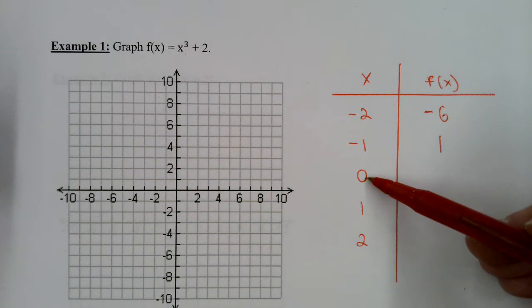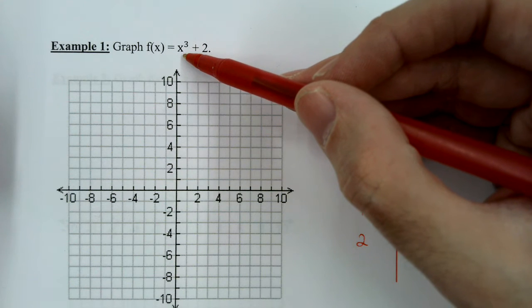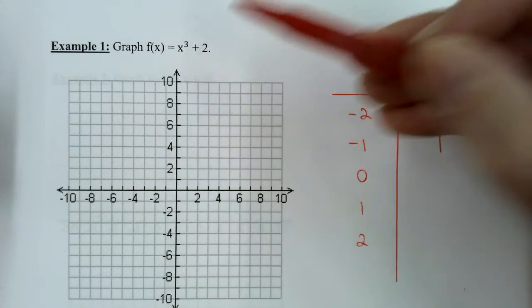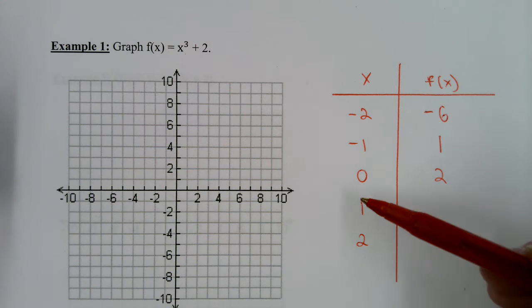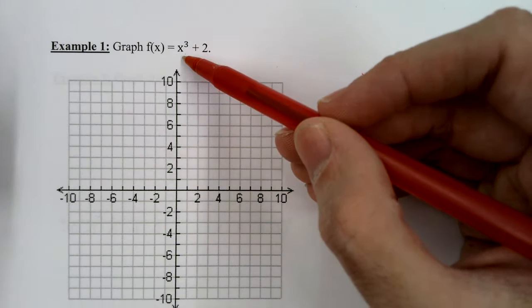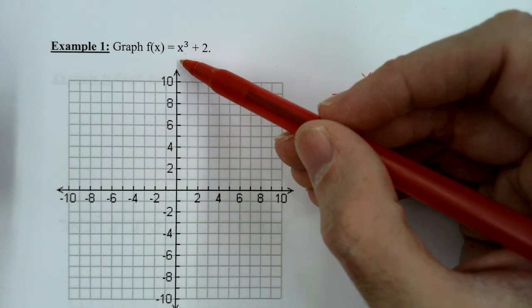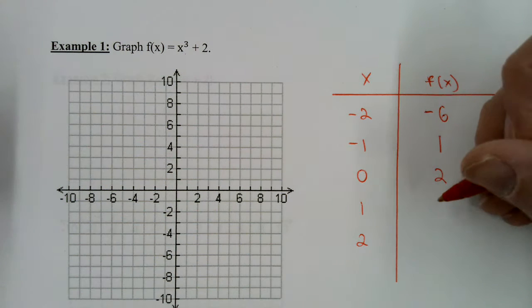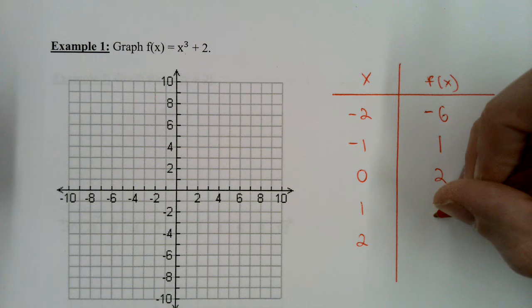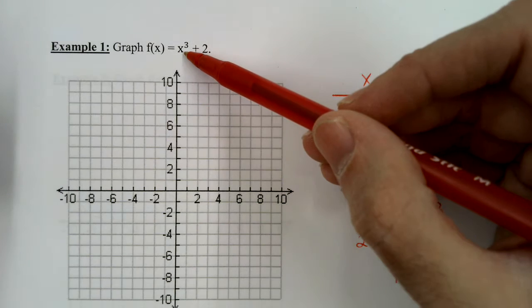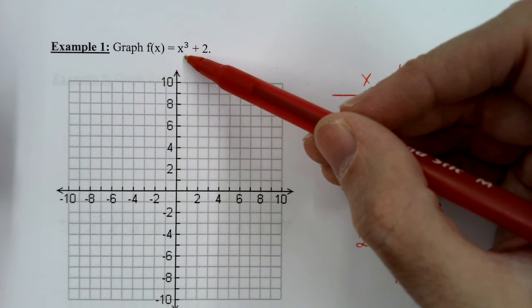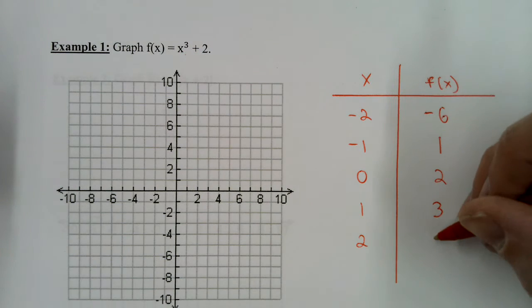When x is 0, I have 0 times 0 times 0, which is 0, plus 2 equals 2. When x is 1, I have 1 times 1 times 1, which equals 1, plus 2 equals 3. And when x is 2, I have 2 times 2 times 2, which is 8, plus 2 equals 10.